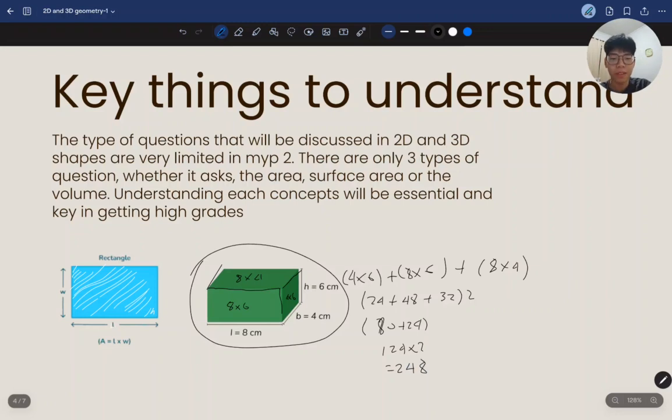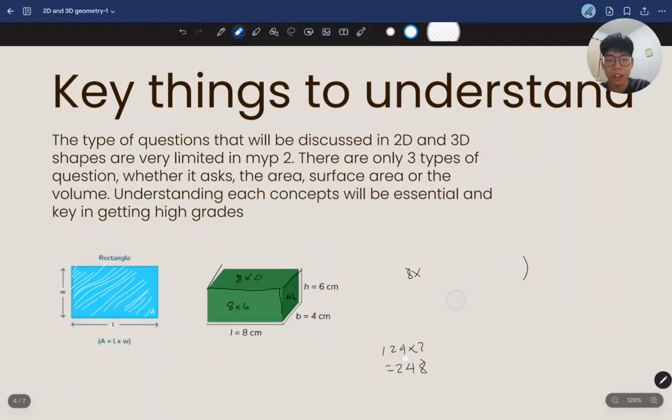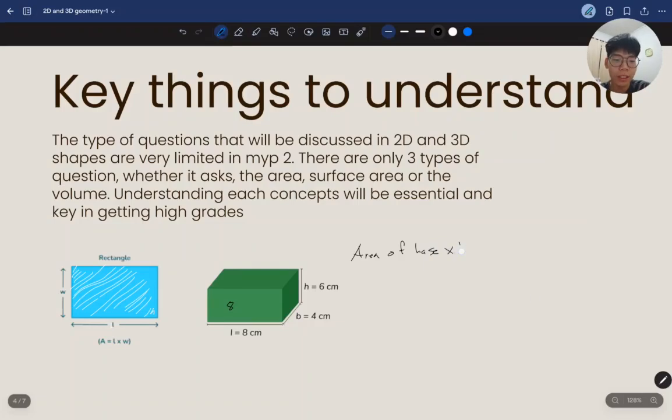Now, the most discussed other thing is the volume. To find the volume, we should find the area of the base. After finding the area of the base, you should multiply by the height. The reason for this is, let's try to draw our cuboid here.